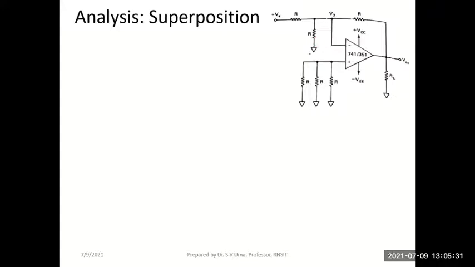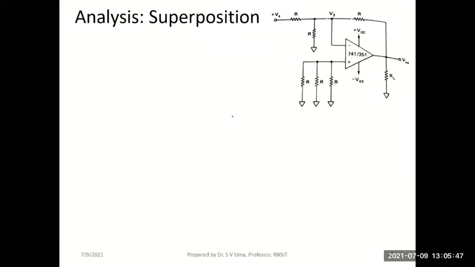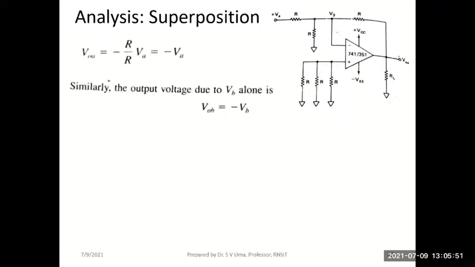So this R is grounded, VA is given through this R. You are first supposed to find what is the voltage here. And at the other terminal we have three R's connected to ground. So let's try to analyze this circuit. What will be the value of output voltage VOA?